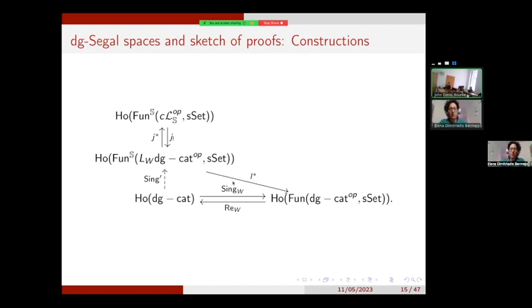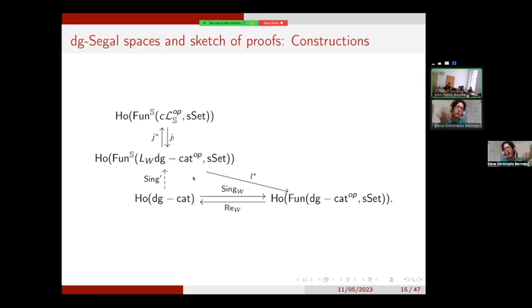Now you might be wondering, okay, then why don't we just compose this way and have our adjunction? The problem is that these adjunctions don't go in the same direction, so they're not actually composable.